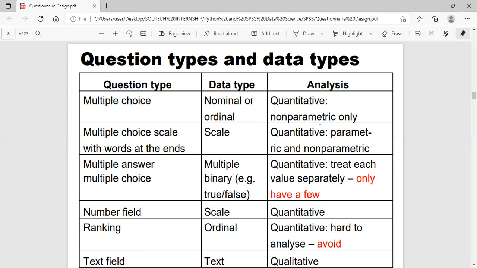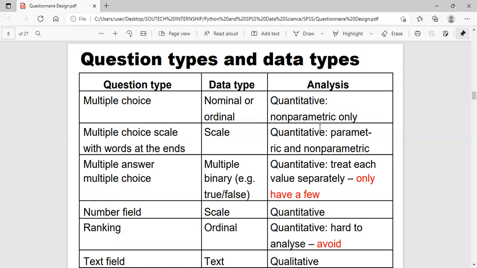They are all categories, but they have orders. But nominal data are categories that don't have order. For example, male and female, you don't have to be a male to become a female, and you don't have to be a female to become male, but they are still categories. So that's the difference between nominal and ordinal data, and they are quantitative.